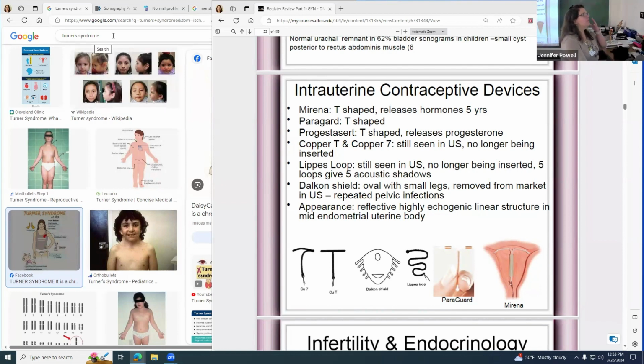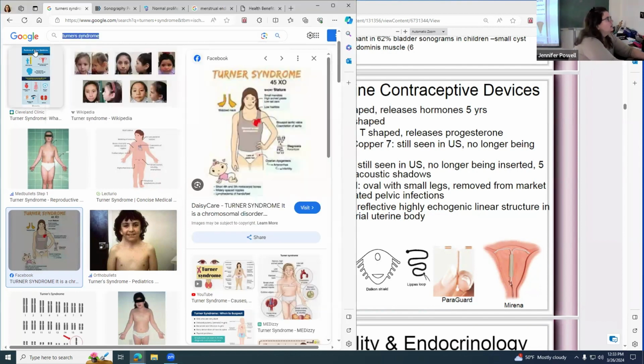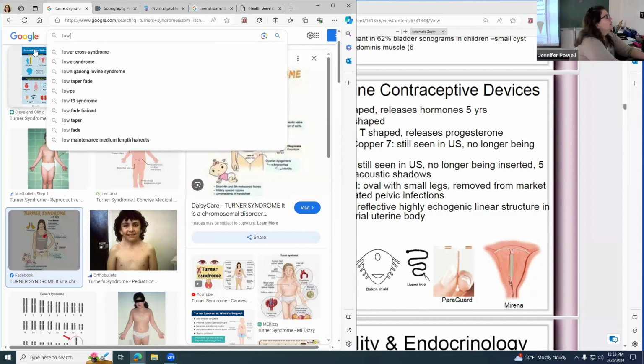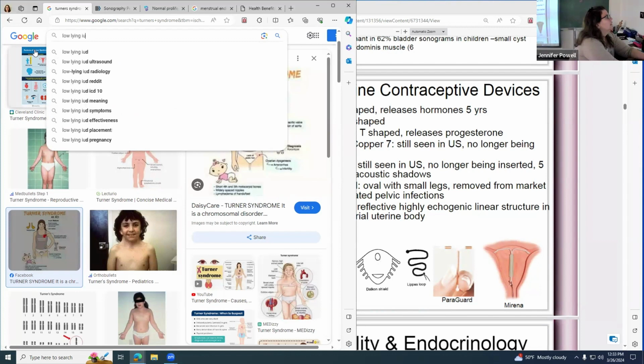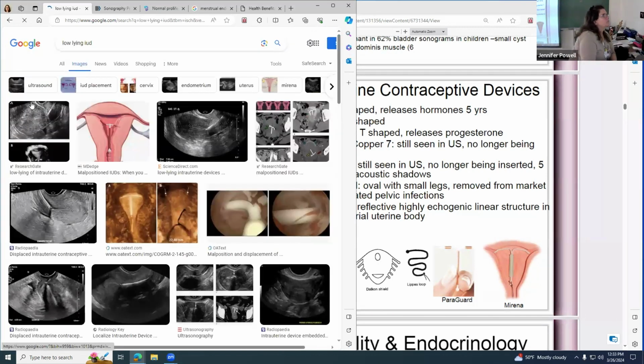I'm sure you guys have probably seen this in clinic, where it kind of slips down out of place, like that, or like this. Worst case, it can perforate.